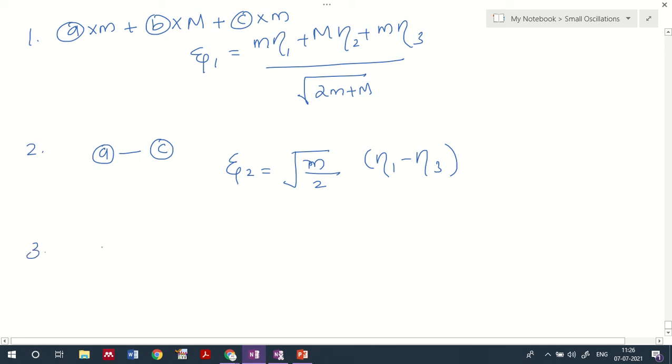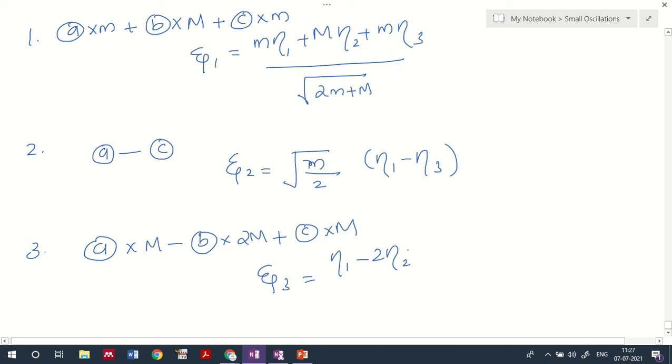In the third case, I'll multiply equation A into capital M, minus equation B into 2m, plus equation C into capital M. Then I can find zeta 3 equal to eta 1 minus 2 eta 2 plus eta 3, divided by root of m plus 2m into capital M by 2.